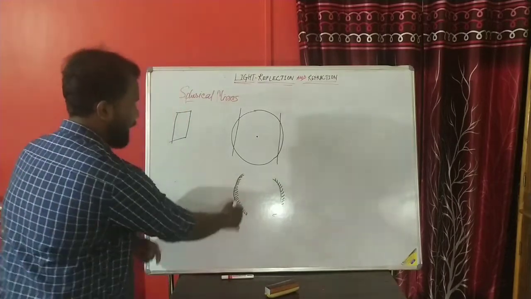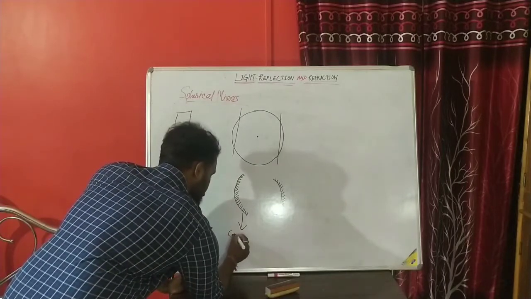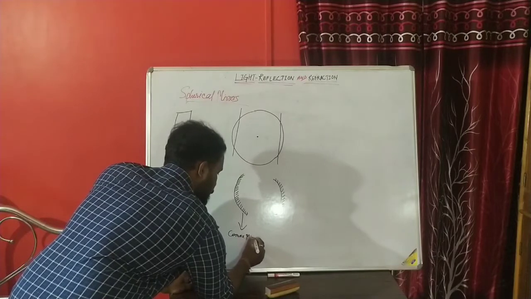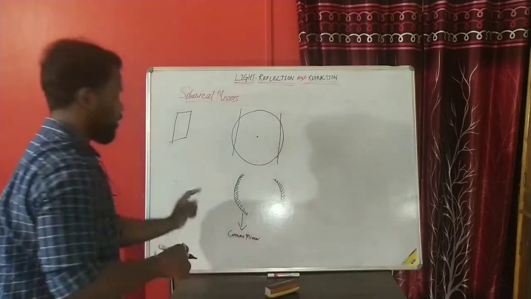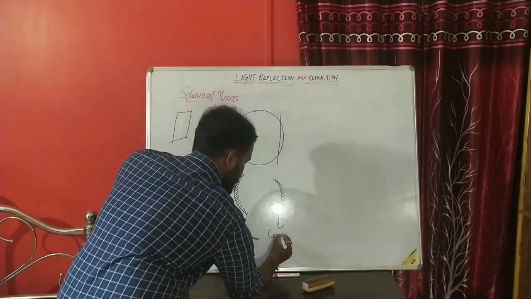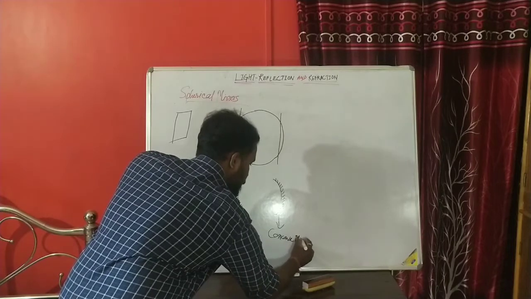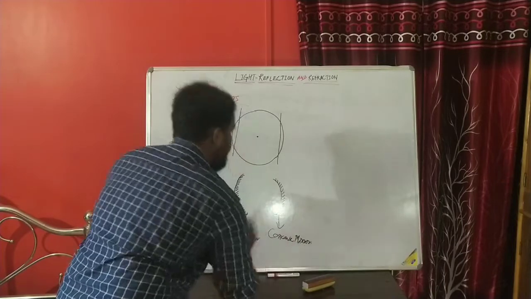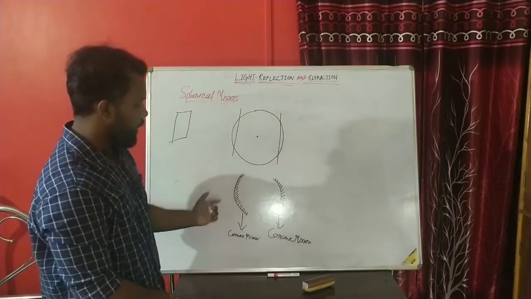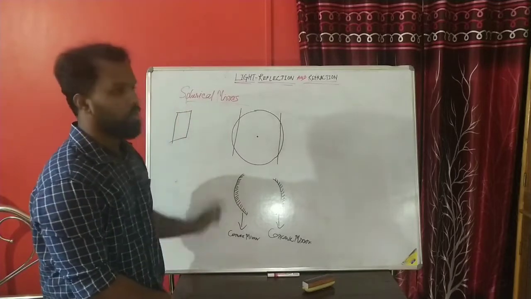Okay, this mirror is known as what? Convex mirror. Right? Convex mirror. And this mirror is known as what? Concave mirror. Till now we have drawn the two kinds of mirrors that spherical mirrors include.